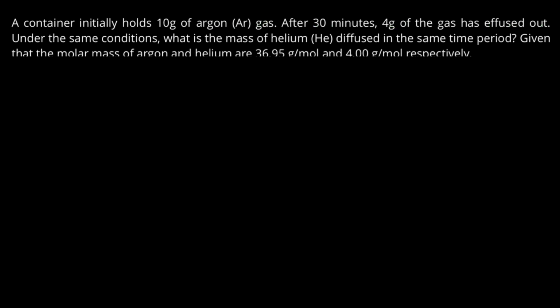Alright, so because the question wants, under the same condition, the mass of helium gas diffused at the same time period, we need to find the rate for helium. So the rate for helium, we divide by the rate for argon.